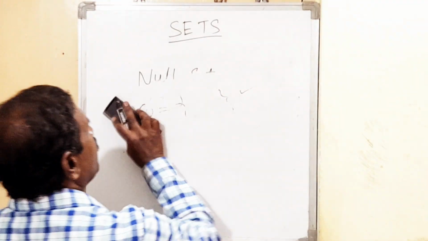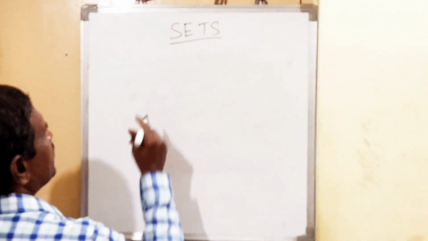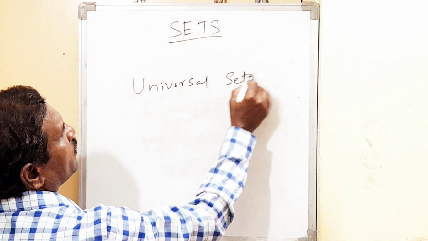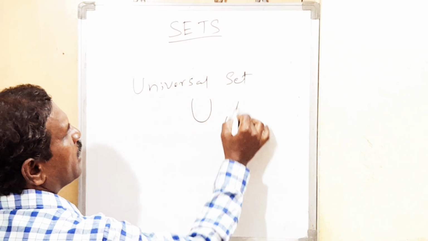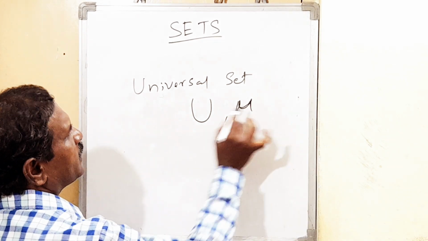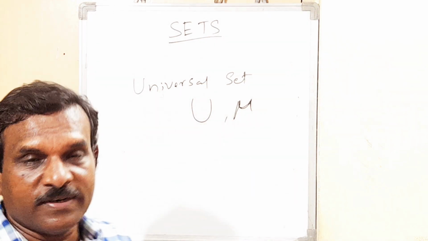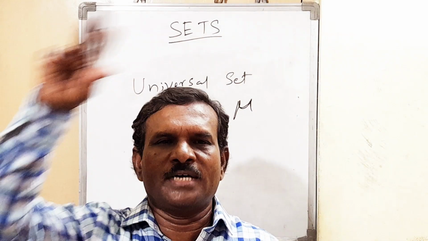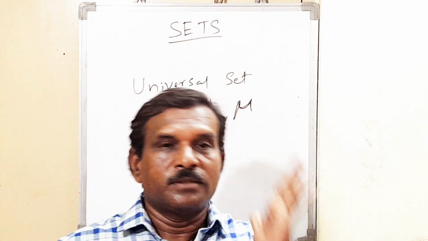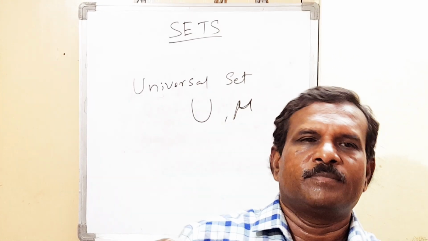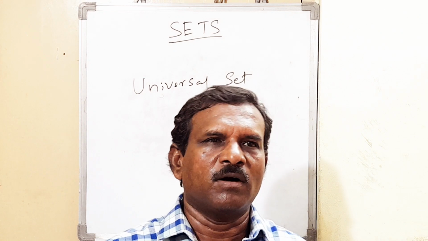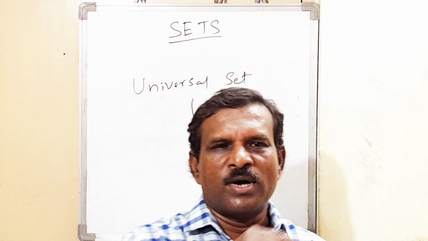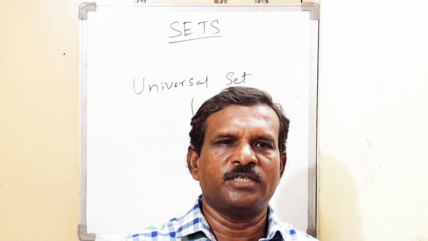After that, the universal set. Universal set is denoted by U or mu, a Greek letter, or U. What is a universal set? Universal set is a set which contains all the elements related to a particular issue. Suppose here we are writing all the sets related to a school. Suppose in school, set B is all boys, set G is all girls.